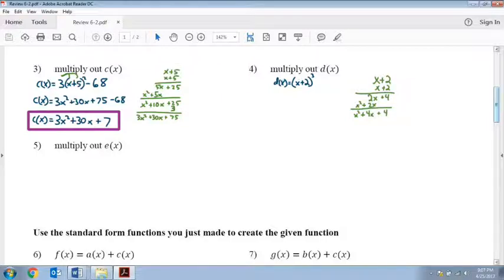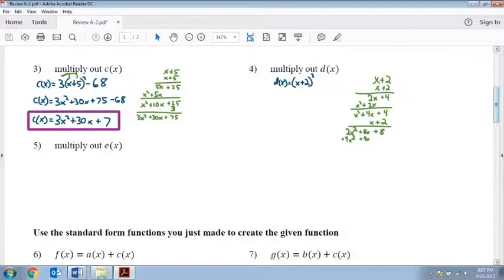We want cubed, so we'll multiply it one more time. X plus 2. Okay? 2 times 4 is 8. 2 times 4 is also 8. And 2 times x squared is 2x squared. Remember, we do the 2 to all things, then we'll do the x to all 3 of them. So x times 4 is 4x. X times 4x is 4x squared.